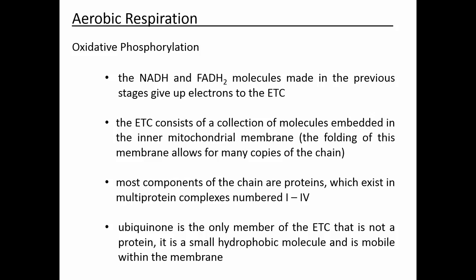You do need to know the different components of this electron transport chain. One of the components is called the NADH dehydrogenase complex. All of these components are either embedded in or associated with the inner mitochondrial membrane, so this is all happening at the inner mitochondrial membrane.